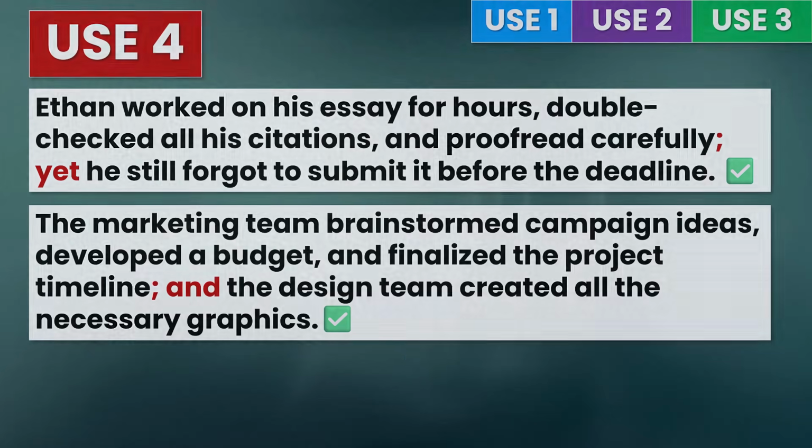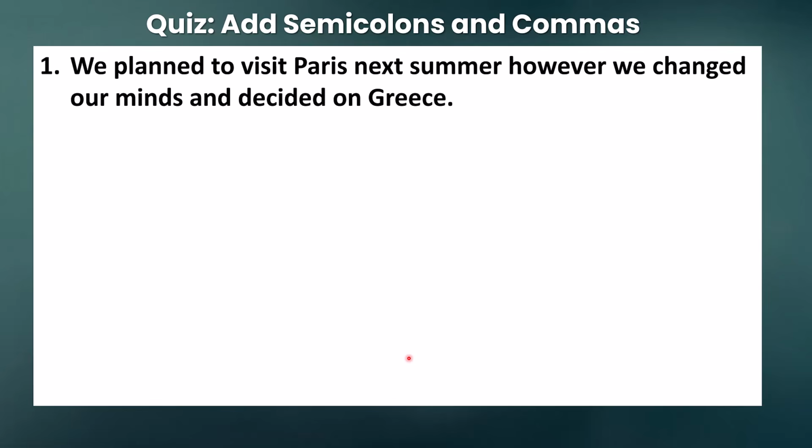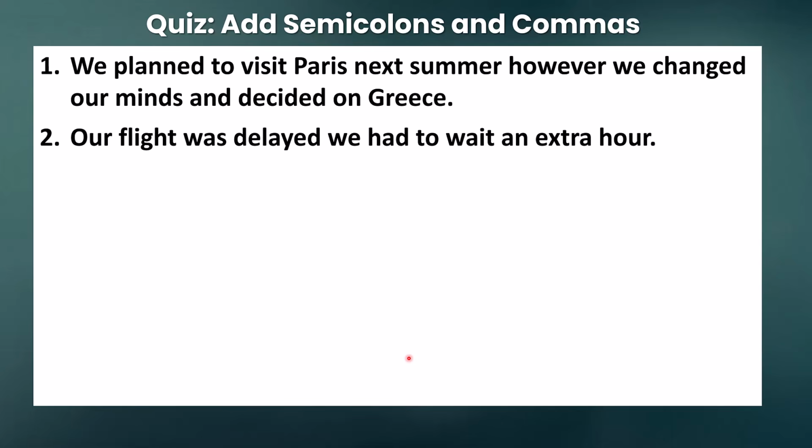So now it's time for our quiz. You have to add semicolons and commas in each of these sentences. Let's begin. Number 1. We plan to visit Paris next summer. However, we changed our minds and decided on Greece. Number 2. Our flight was delayed. We had to wait an extra hour.